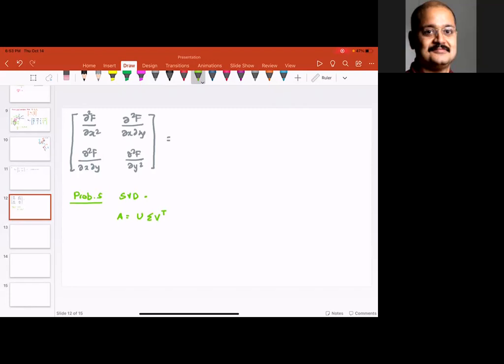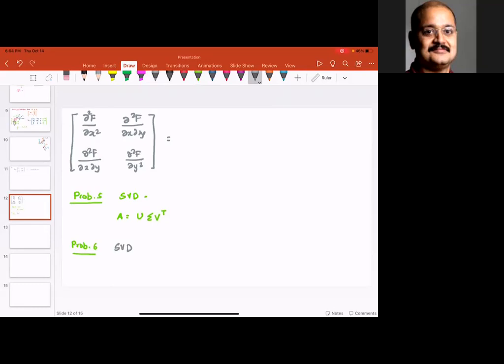You can use MATLAB to solve this problem. Did anyone solve it? Did you get the SVD? Yeah, okay, cool. The next problem is you have a rank 1 matrix and you have to find its SVD. That is again a MATLAB problem. Problem 6: find the SVD, which you can get from MATLAB.